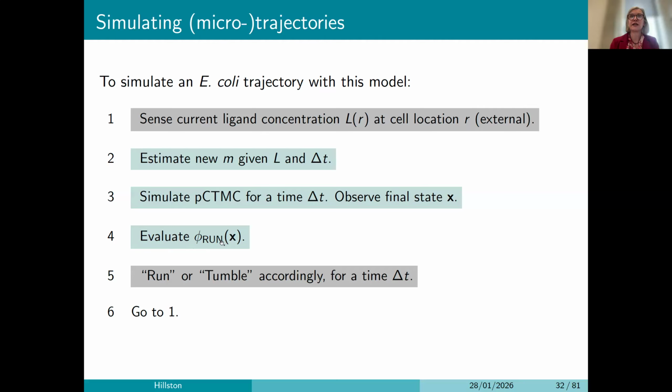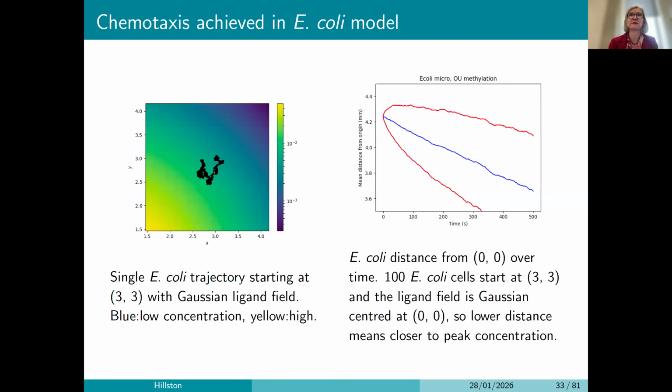This will then evaluate as we run or we tumble, and we then go back to the outer layer, carrying out that run or tumble, and then start again to sense the ligand concentration at that time and go on. So this is how we simulate the trajectories.